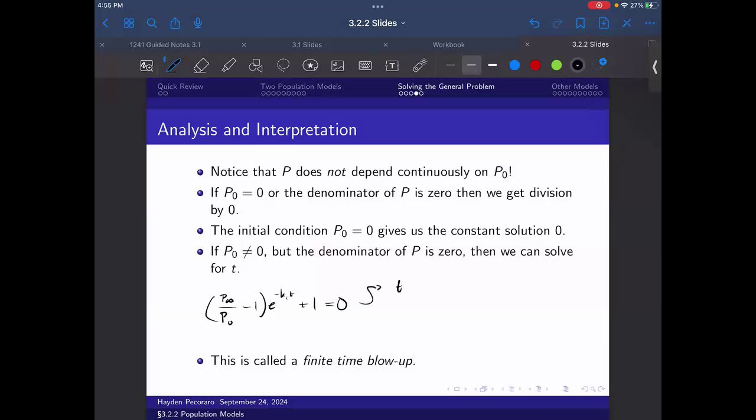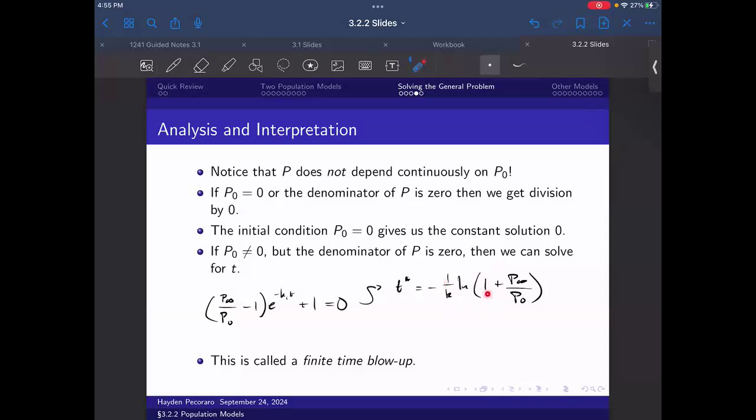And this should give us T star equals something like minus 1 over K log 1 plus P infinity over P0. That's what I have written in my notes, but I might have made a mistake over here. It should be something like this. Okay. So you can solve for T is the important part.